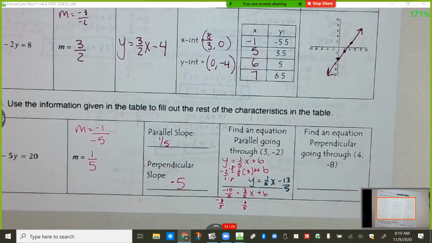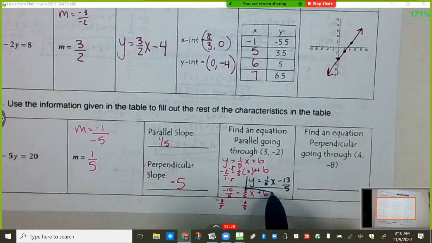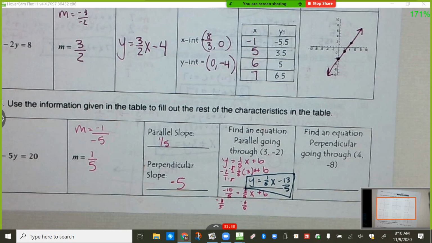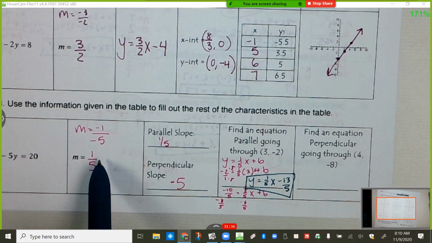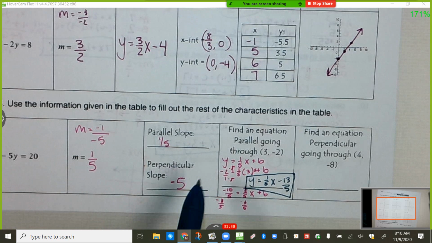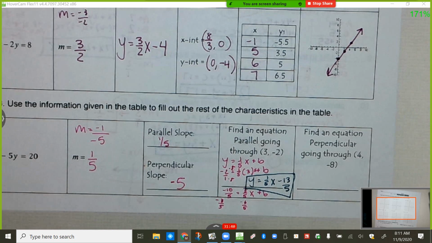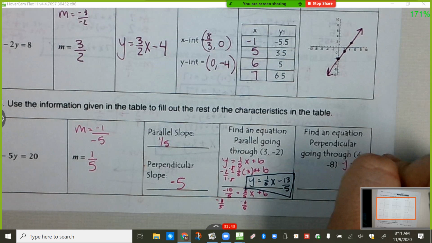The ones on your assessment are not like that. They will give you a pretty number like the other ones. Now perpendicular, I would use this negative 5 slope. So y equals negative 5x plus b. Plug in my point.